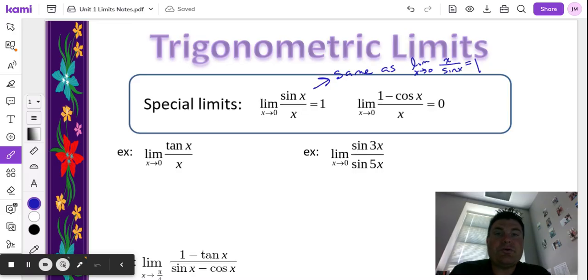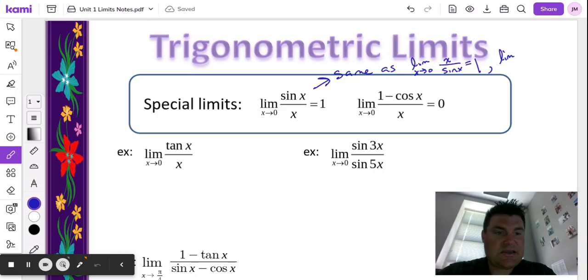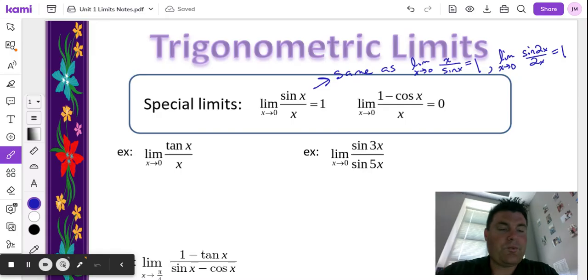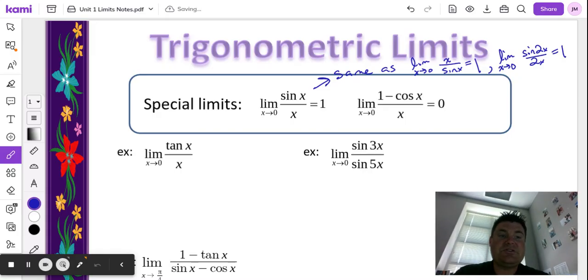Also, please take note that as long as the argument inside of the sine function matches whatever is in the denominator, that is also 1. So we can also write that the limit as x approaches 0 of sine of 2x over 2x is also equal to 1, because the argument of the sine function is 2x, and the denominator is also 2x, so that's going to equal 1.